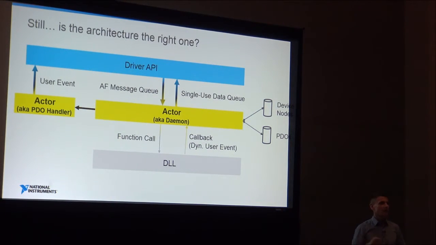What really annoyed me during the preparation of this presentation is that I'm using a lot of communication on different channels. So it's message queues here, single-use queues here, function calls, dynamic user events, another message queue, and another bunch of dynamic user events.